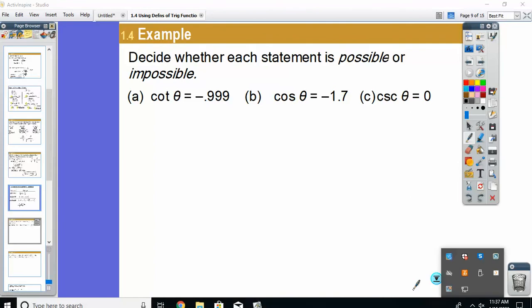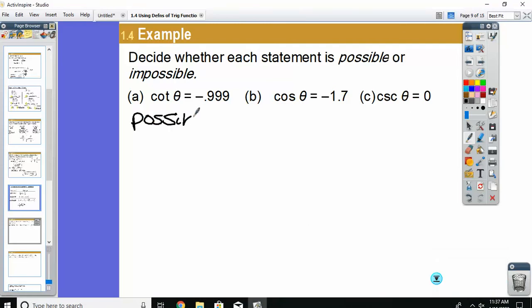Yeah, tangent and cotangent can be anything, so that's possible. Can cosine equal -1.7? No, it can only be things between -1 and 1. Can cosecant equal 0? No, it can't be anything between -1 and 1.